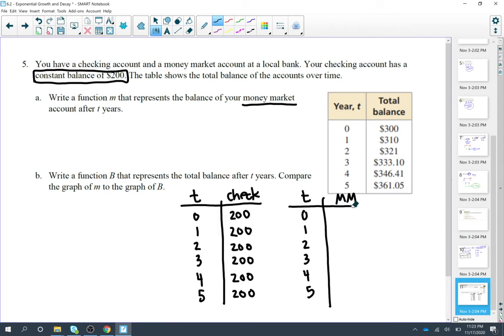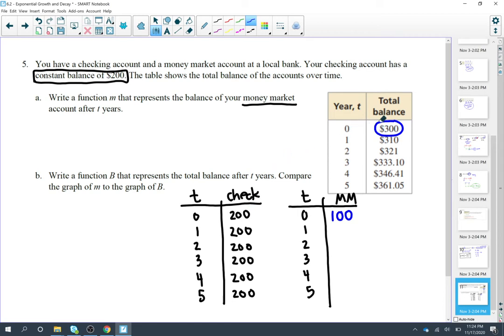Now, your money market account is whatever's left over. Over here, we have a total balance. Year 0, you have a total balance of $300, and 200 of that is in the checking account. Then how much has to be in the money market? 100, because 100 plus 200 is 300.